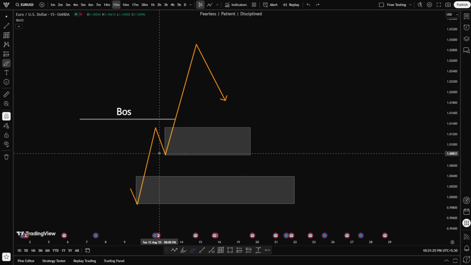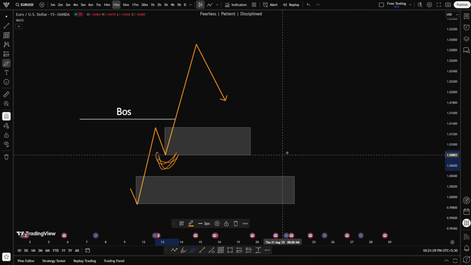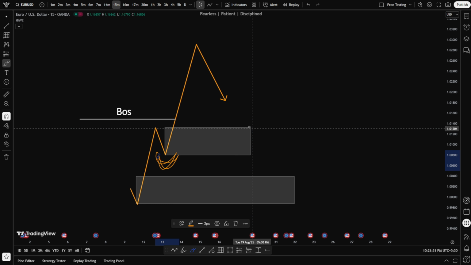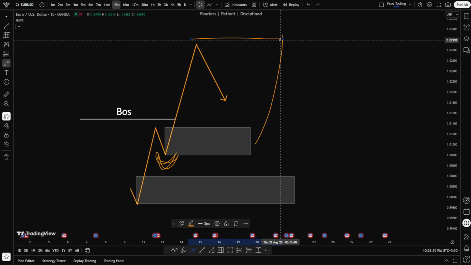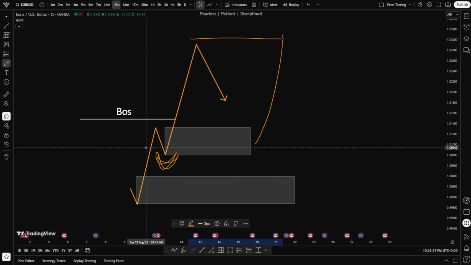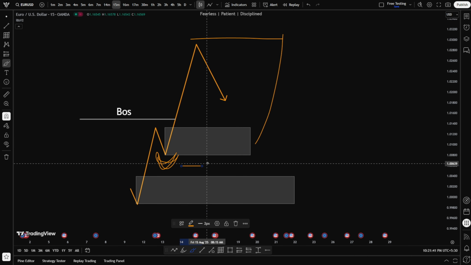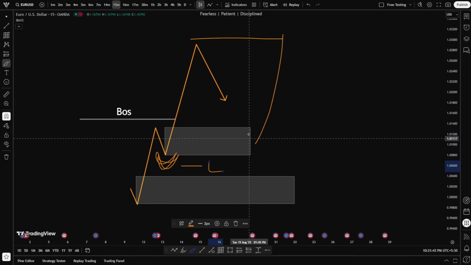If you see here, the market has accumulated a bit of liquidity. So why should the market just mitigate this order block and go up and break this structure, while it has already accumulated some liquidity present here? This is liquidity. Why should the market follow this order block?